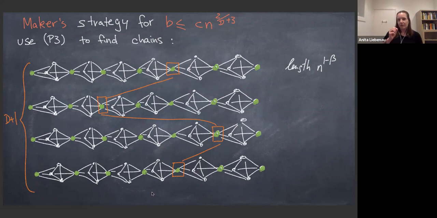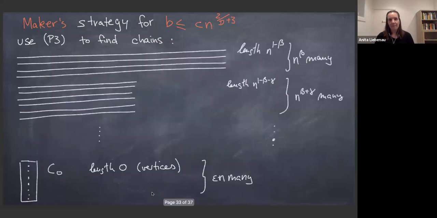So that's really good. If I could just find these chains and cover my whole graph, then I would be done. But I can only do this as long as there are vertices left to play with. So instead, I find batches of these chains.